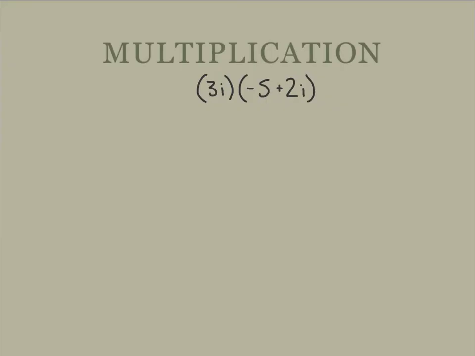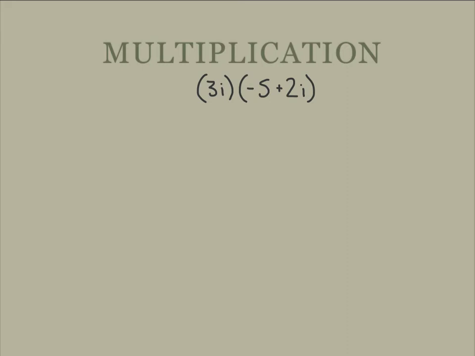Alright, so this next multiplication one is a little bit different because we only have one term being multiplied to 2. The last one we had 2 terms being multiplied to 2 terms, so that's when we had to FOIL. Here, what do you think we have to do to multiply these? Just distribute.